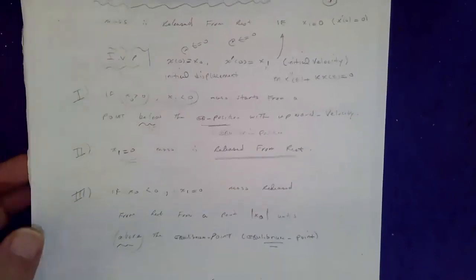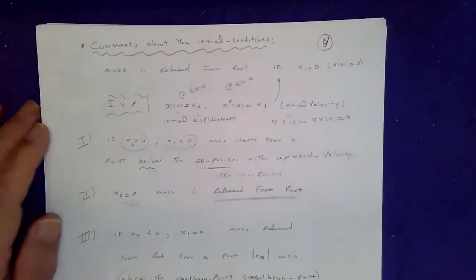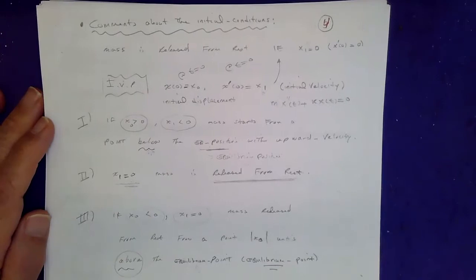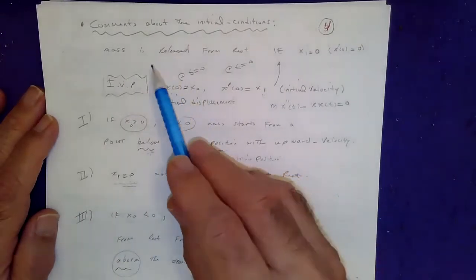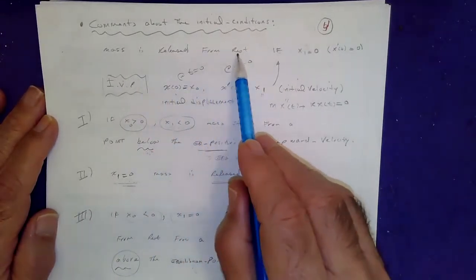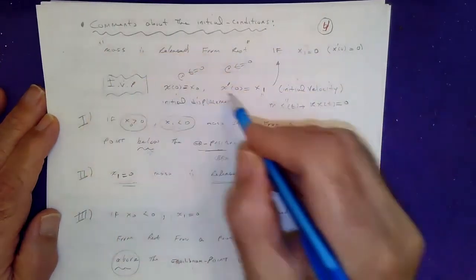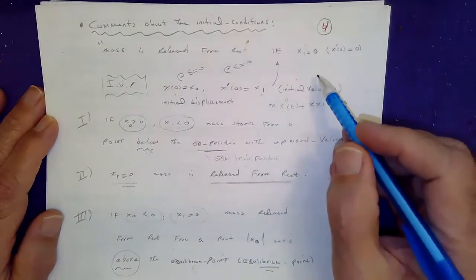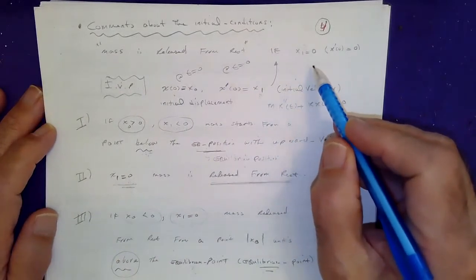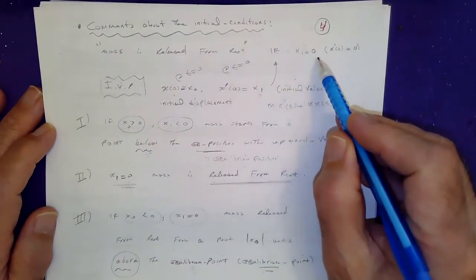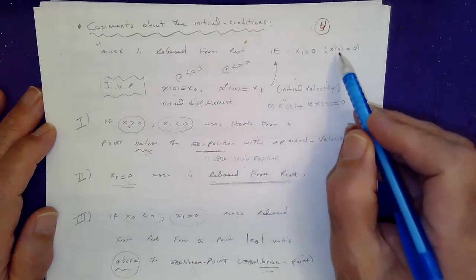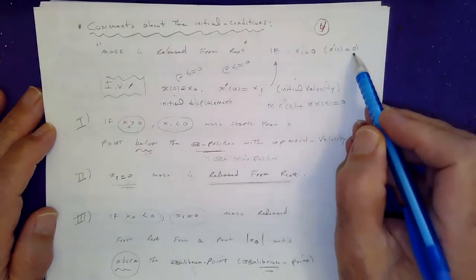So let's just make some comments about the initial conditions, then we'll go over a problem. So the mass is released from rest. When you see this statement, mass is released from rest, that's just like x1 is equal to 0. What was x1? That was the initial velocity.